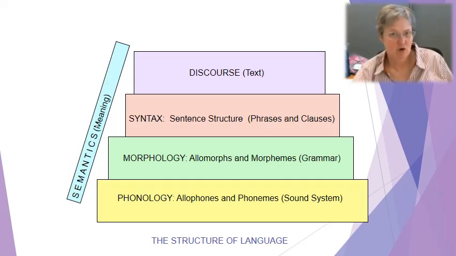Here we are again looking at our layer cake model of language, which is the structuralist descriptivist model of language, where we study a language from the bottom up, from the sound system, through how words are formed, and then how sentences are formed, and then how discourse or connected text, conversation, communication entirely is structured.